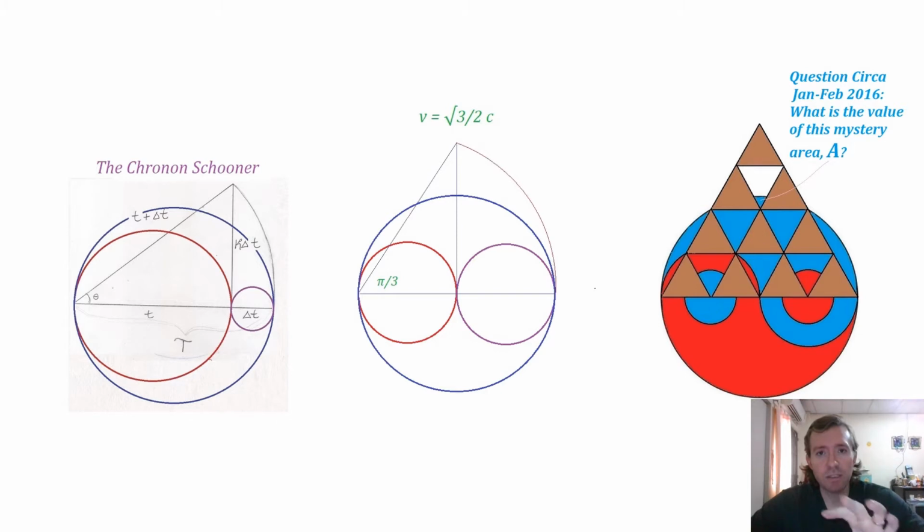In fact, it's the picture that's the cover of my manuscript for time equilibrium for this idea, but the solution did not come until earlier this year during the lockdown. And so I came up with a technique to solve for area A. And let's see how that might be done.